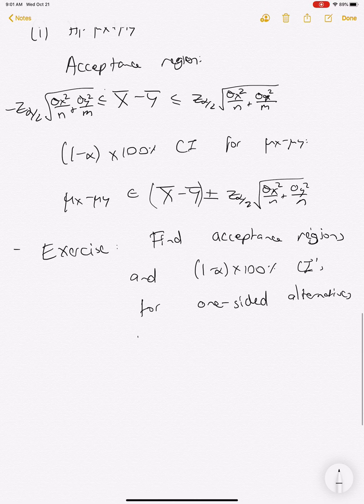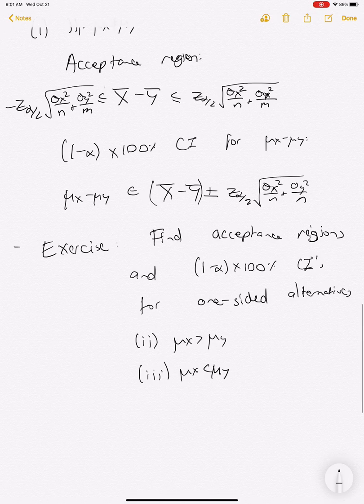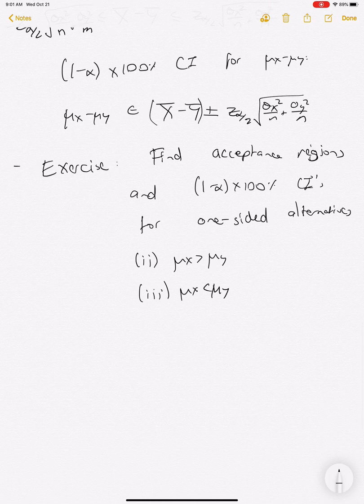One-sided alternatives, mu x bigger than mu y and mu x less than mu y. So this again should just use the concepts that we've learned in previous chapters, in chapter 9. So I'll leave that as an exercise for you. That's also a good review of material in chapter 9.